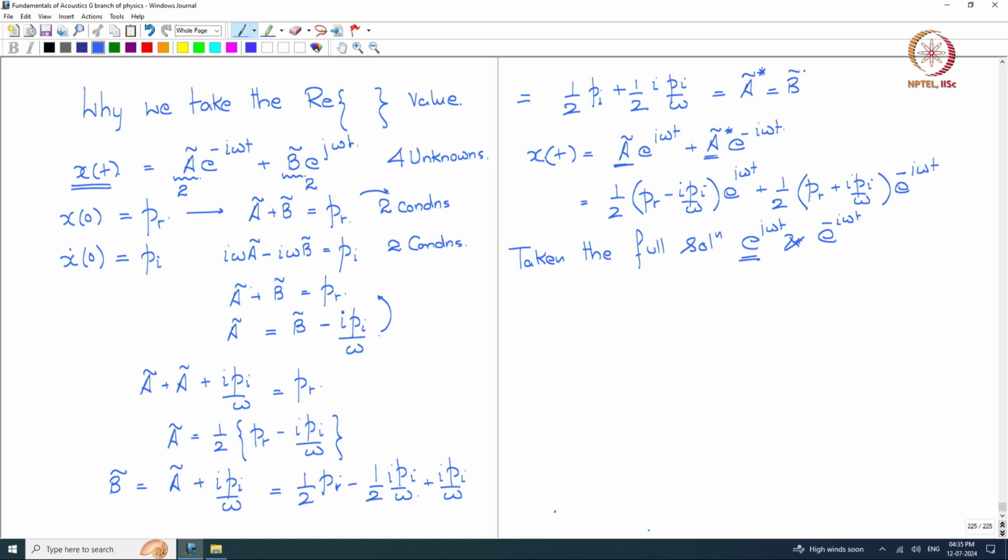As a result, what has happened is b tilde has turned out to be a tilde conjugate, and x of t is automatically real. Automatically real. Okay. How do we say that?